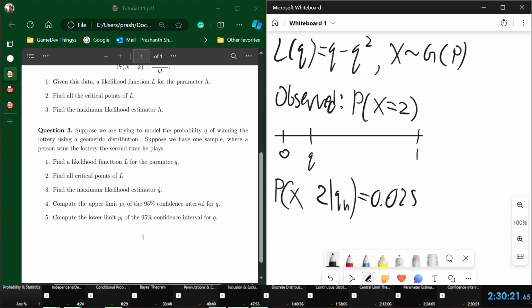When the probability is high, if probability was 0.999, getting x equals to 2 would be hilariously unlucky. So it would only make sense that with a high probability, x would be lower. Hold up.